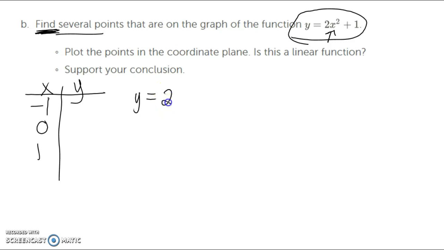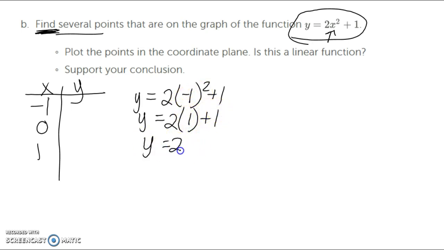So to find what y equals when x is -1, I'm going to plug that in. So 2 times, we're going to follow that PEMDAS, -1 squared is 1. So y equals 2 times 1, which is 2 plus 1. So y is equal to 3.